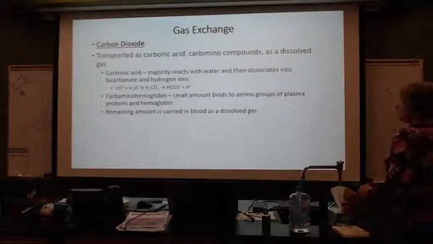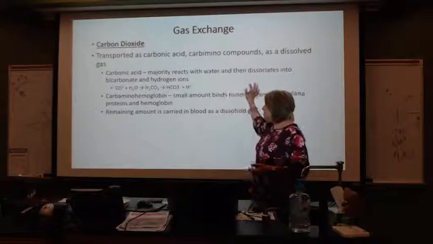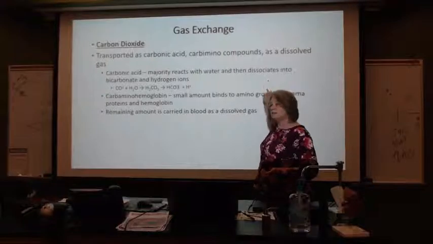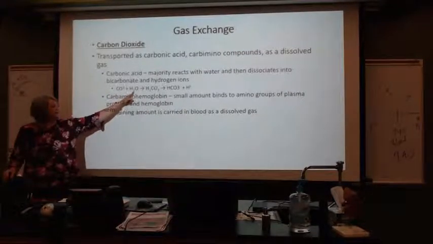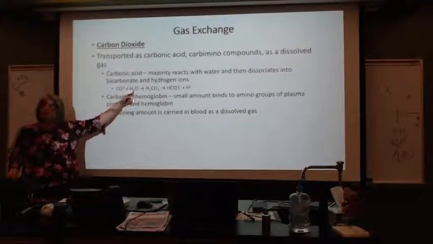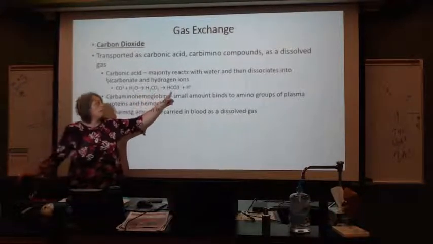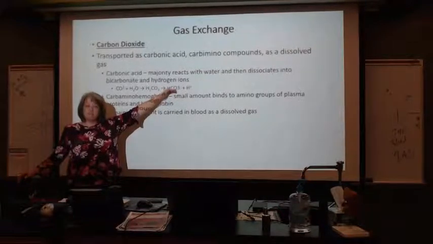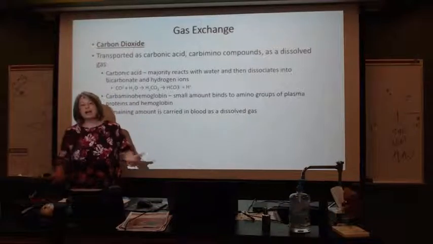So, for the most part, the body is going to have buffering systems, and those buffering systems take that CO2 and in the presence of the water, of the blood, they'll make carbonic acid. But they will buffer it and they will then transport this as a buffered ion.